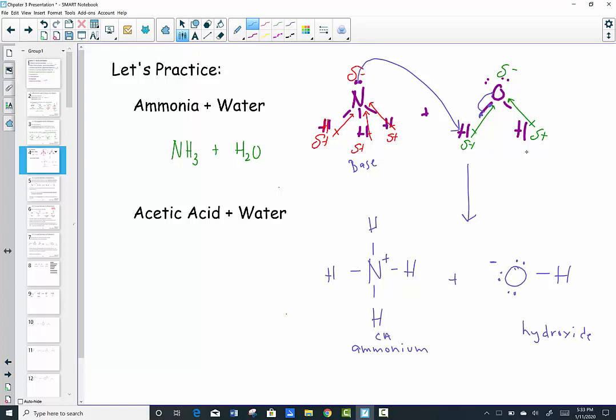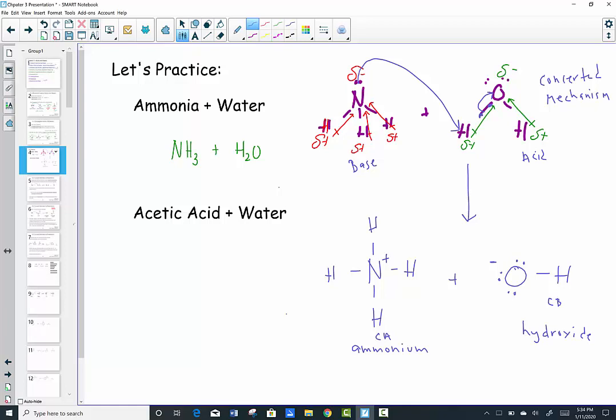Water acted as an acid, forming its conjugate base, hydroxide. And any proton transfer reaction mechanism will involve 2 arrows. This, we'll learn, is a concerted mechanism, which simply means it occurs in one step. Even though I'm drawing 2 separate arrows, they're happening at the same time.